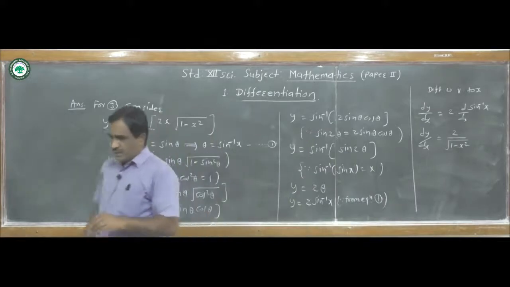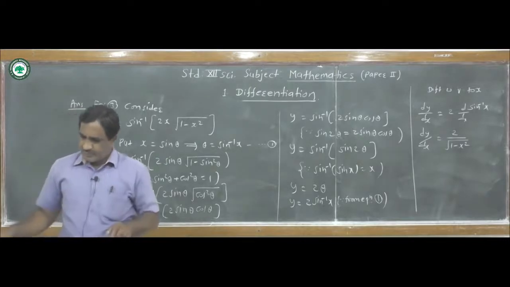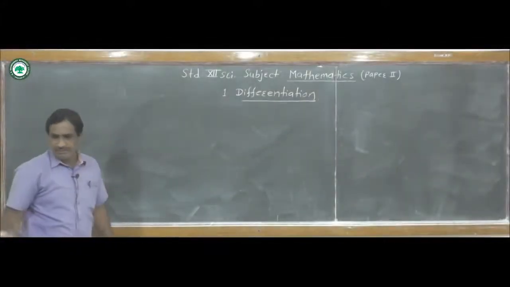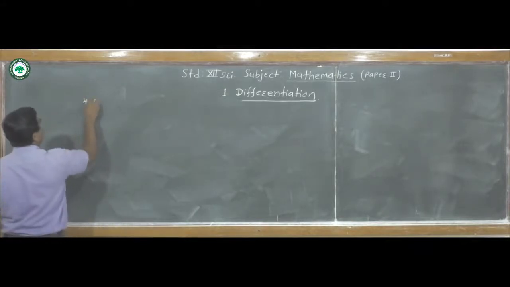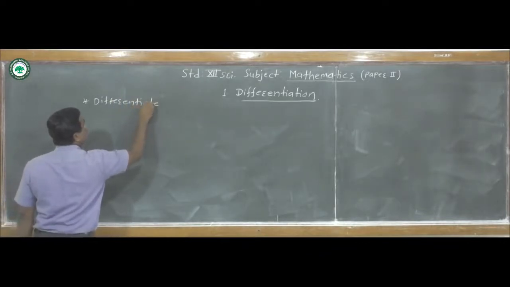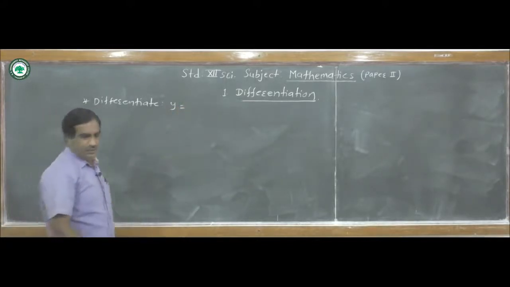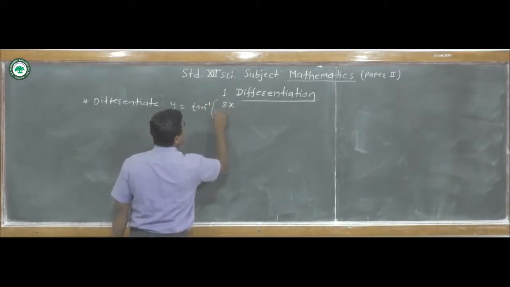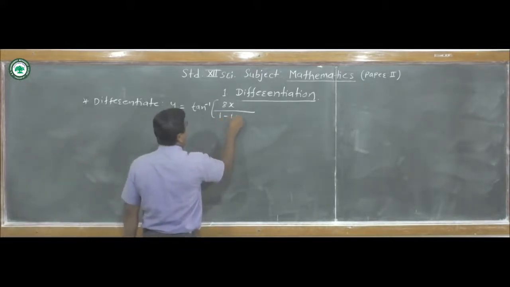Okay. Now we see other types of examples. Next example, differentiate y is equal to tan inverse of 8x upon 1 minus 15x square.